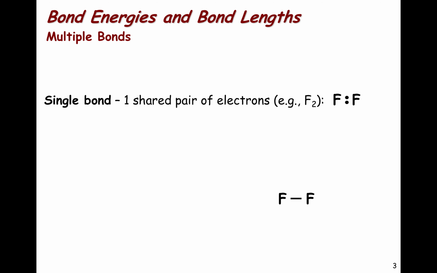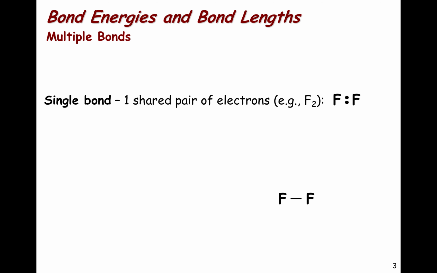At this point, we'd like to consider the effect of the number of pairs of electrons that are shared between two atoms and the strength of the bond that is formed. In the example of forming a single bond, the element fluorine forms a diatomic element where there's one pair of electrons shared between the two fluorine atoms.